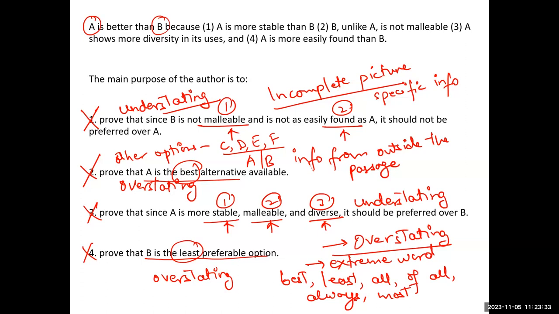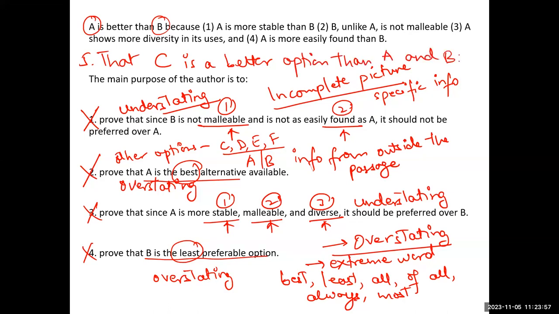For example, in this particular question, if I give you an option, the main idea is to prove, number 5, that C is a better option than A and B. Can you mark number 5 as the answer for this question? I have not used any extreme word. No, sir.